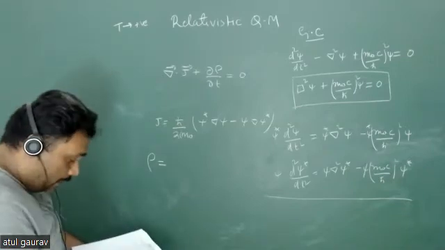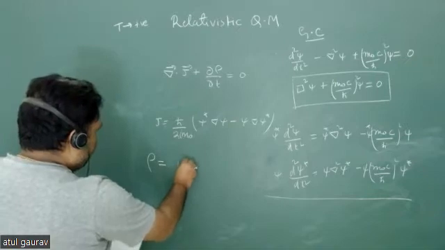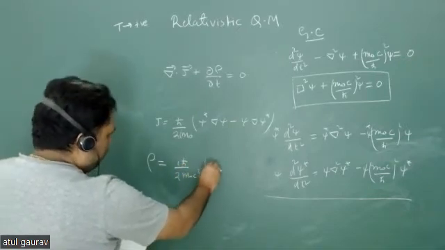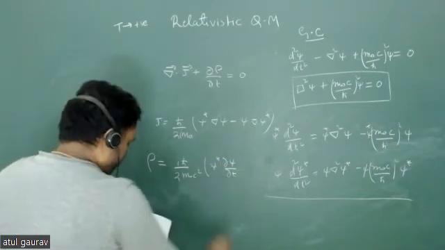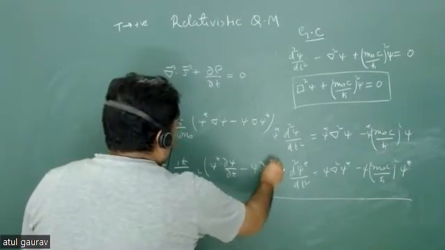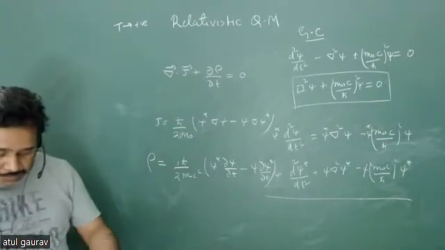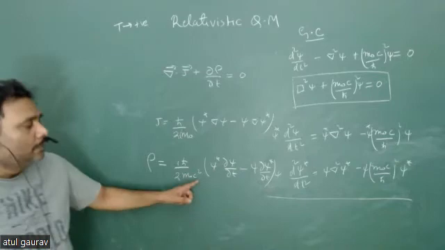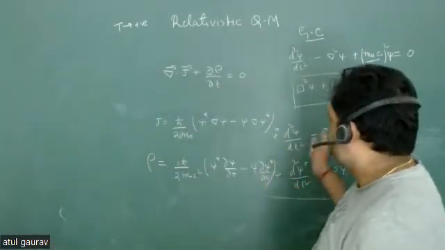This is given by i h cut upon 2 m naught c square, psi star del psi upon del t minus psi del psi star upon del t. So this is your probability density given by the Klein-Gordon. Okay, just try to do it yourself.